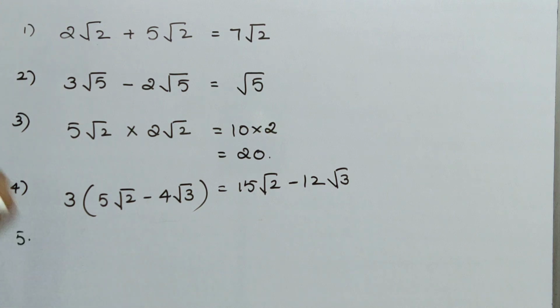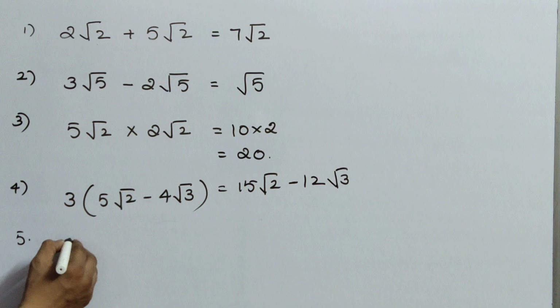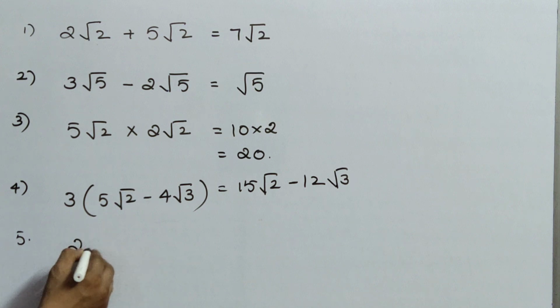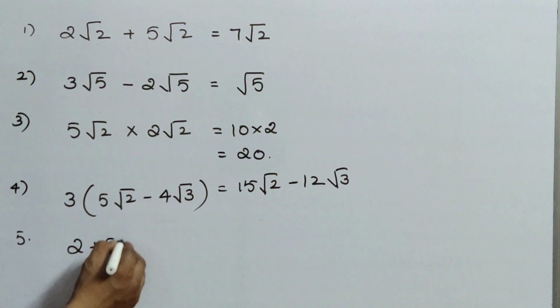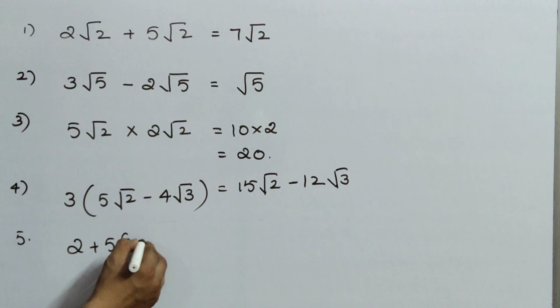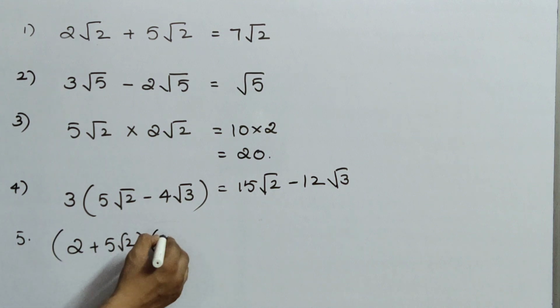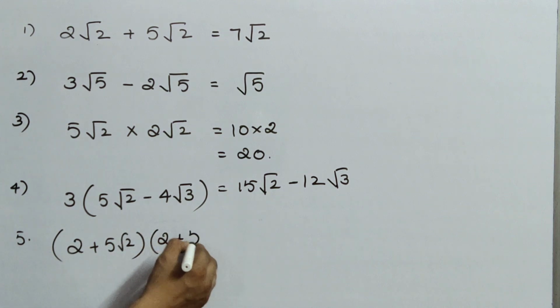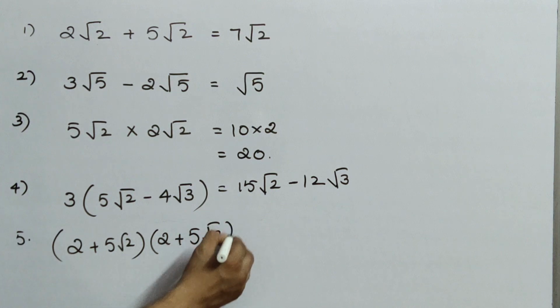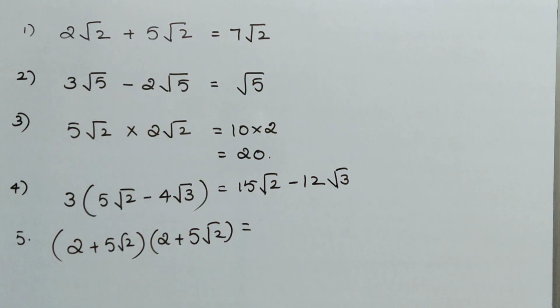Now see here. 2 plus 5 root 2 into 2 plus 5 root 2. What do you observe, children, here? If you clearly observe, 2 plus 5 root 2, 2 plus 5 root 2, both are the same along with the symbols also, and it is a multiplication.